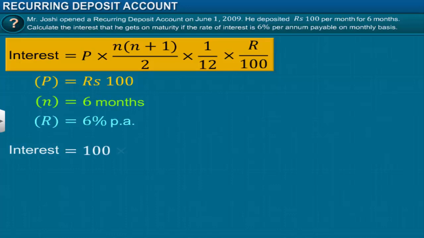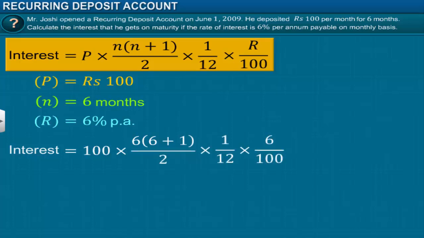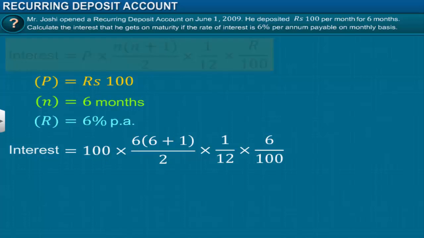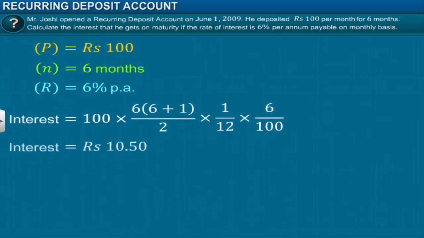Substituting the values of P, n, and R in the formula, we get the interest is 10 rupees and 50 paisa, which is the same as we got in the previous method.